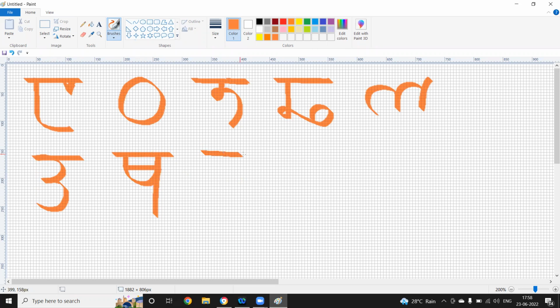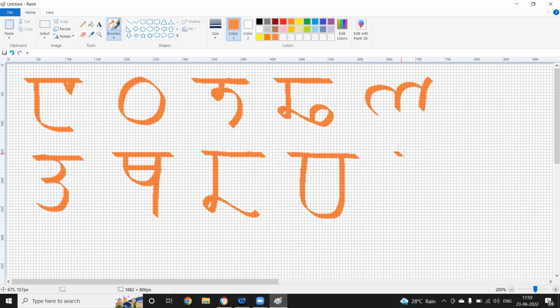Then the next one was da, a small curve towards the end, then dha, a capital U like figure joining the shirorekha both at the left and right side.